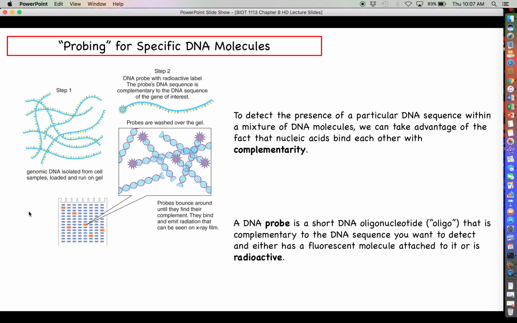So therefore, if we run out a whole bunch of DNA samples in an agarose gel and we get a whole bunch of bands like what you see here, then the bands that have bound to our probe should be fluorescing or should be giving off radioactivity that we can pick up with autoradiography film.